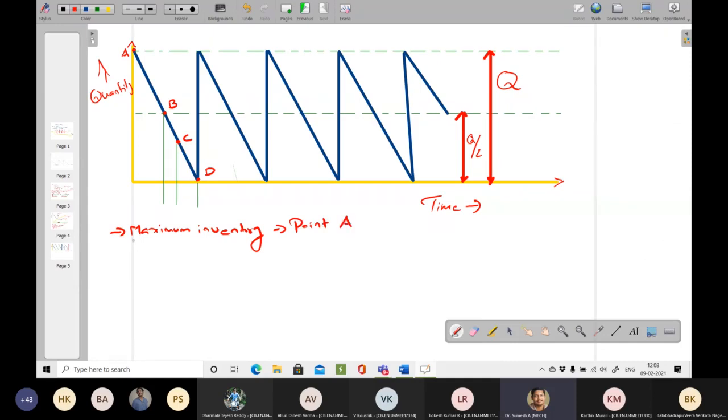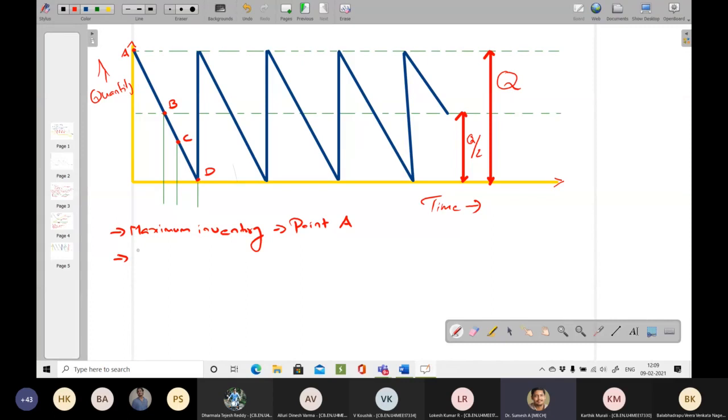What is point B? Any guess? You have to initiate the process of purchase.